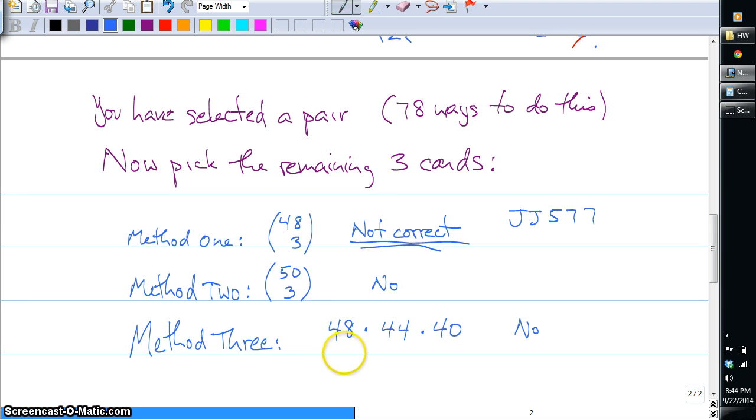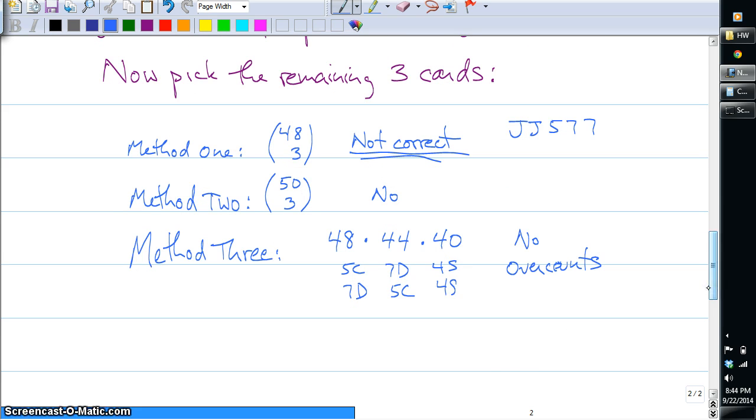It would count the 5 of clubs, the 7 of diamonds, and the 4 of spades once, as 48 times 44 times 40, but it would also have counted that as a separate possible choice, the 7 of diamonds, the 5 of clubs, and the 4 of spades done in that order. So this overcounts the number of possible ways to fill out our hand. But it overcounts in a very specific way.